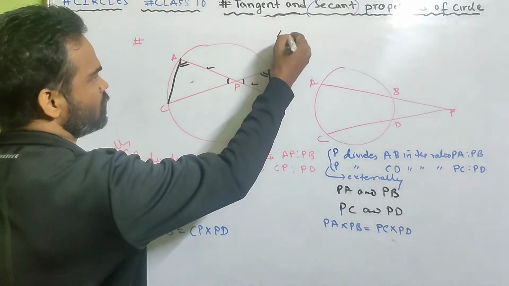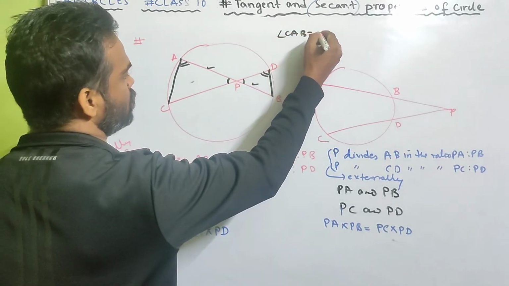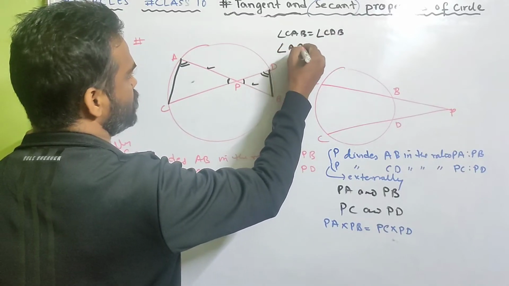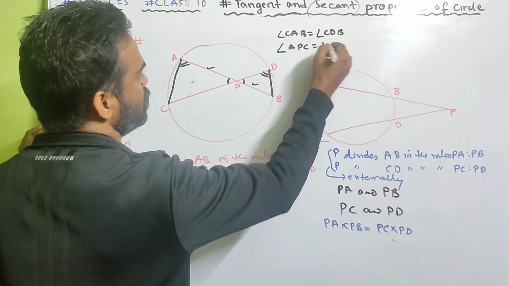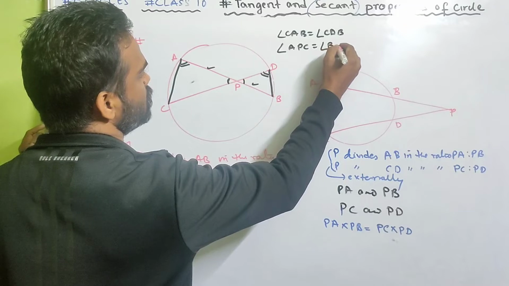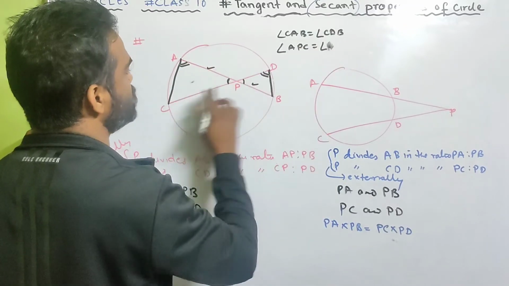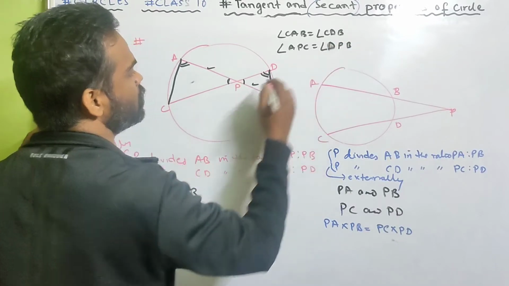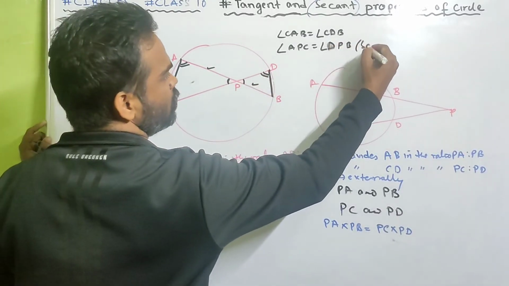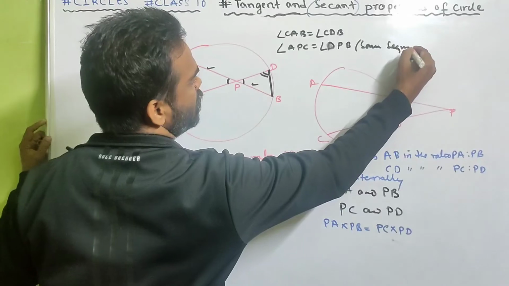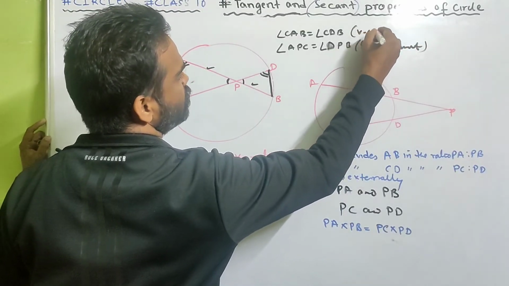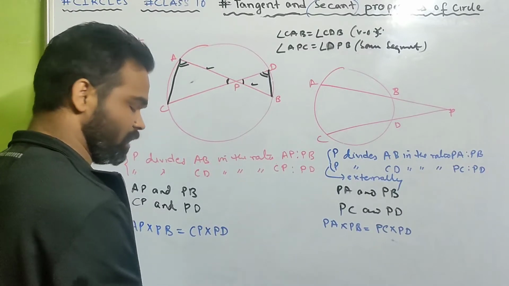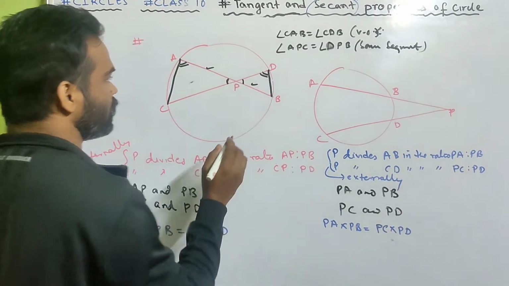See, angle CAB is equal to angle CDB, angle APC is equal to angle DPB. Same segment, look carefully, this is the same segment and this is a vertically opposite angle, which means these two triangles are similar. Now if they are similar, we have done it in similarity.